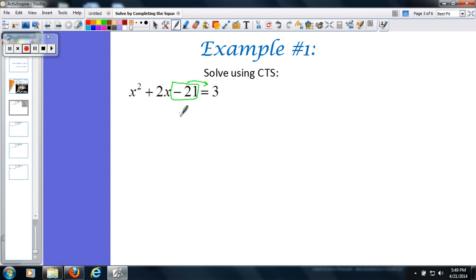So I am going to add 21 to both sides. This will give me x squared plus 2x equals 21 and 3 is 24. Once I'm actually going to write this, add c to both sides.